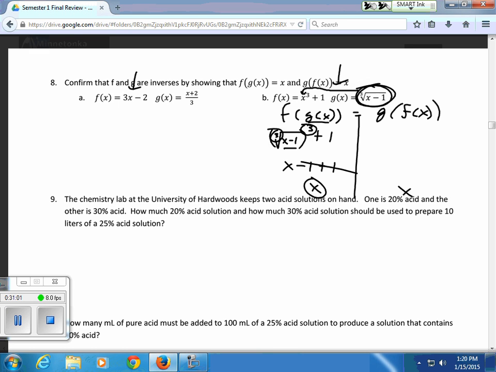Okay, on the other side, g of f of x, I'm going to put the f into the g function. So the g function looks like this when I put an empty spot where the x was. And then I'm going to drop in x cubed plus 1. Okay, now what's first in the order of operations? Parentheses. This is like a big parenthesis. Is there anything in there I can do? Yes, there is. So the plus 1 and the minus 1 cancel off. Cube root of x cubed is left.